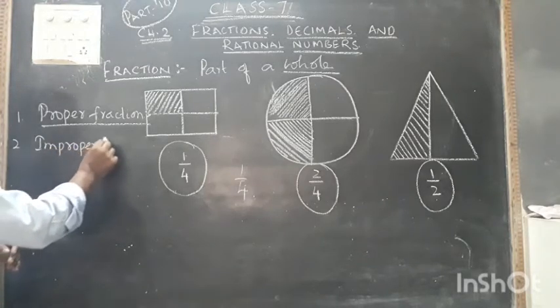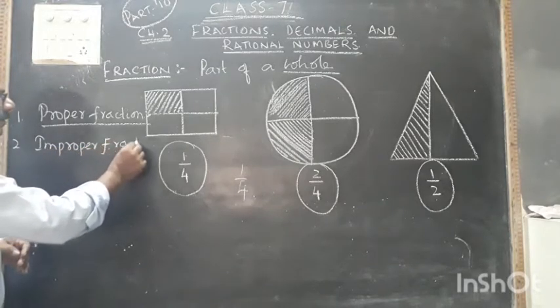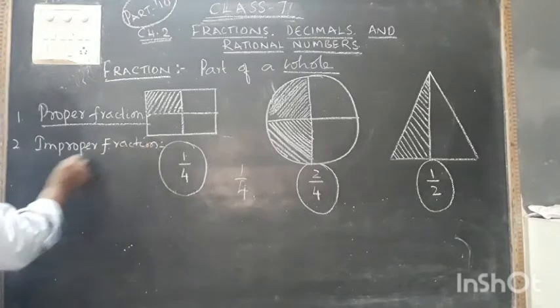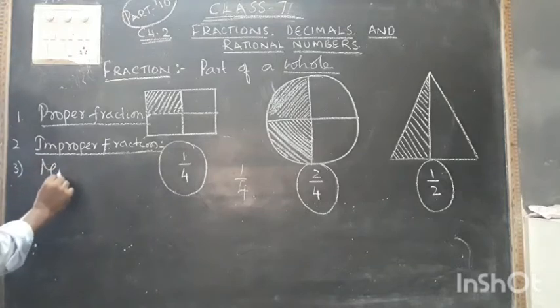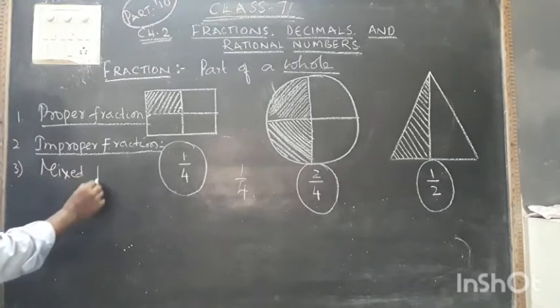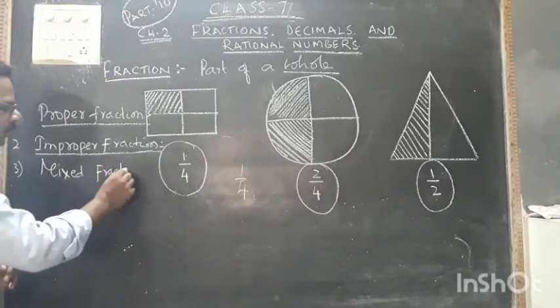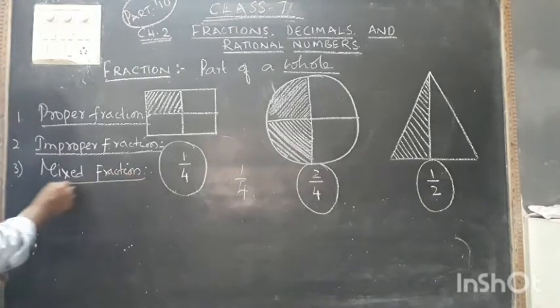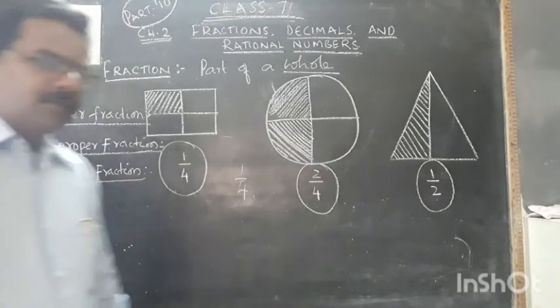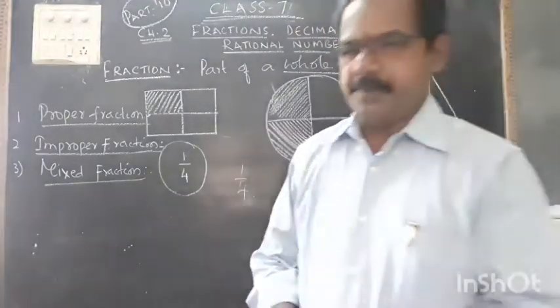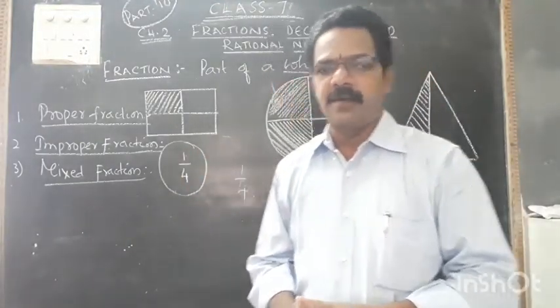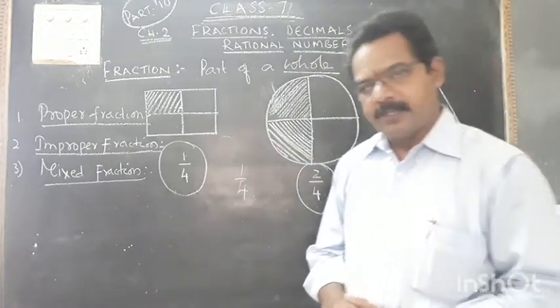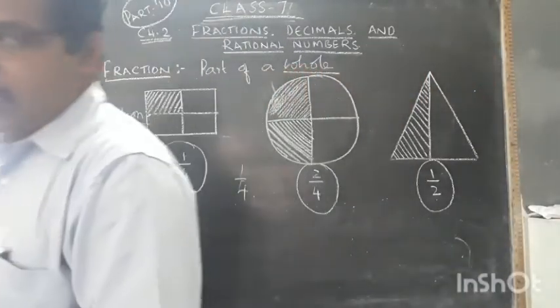And the third one is mixed fraction. So these are the 3 types of fractions. What is meant by a proper fraction? What is meant by an improper fraction? What is meant by a mixed fraction? That we shall discuss now.